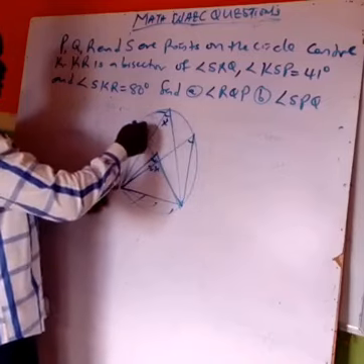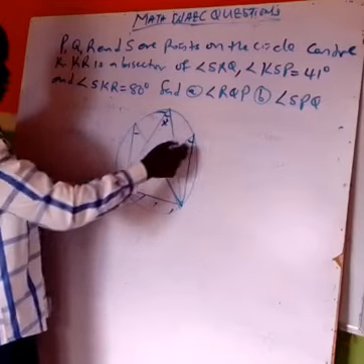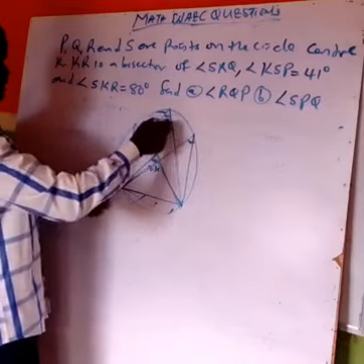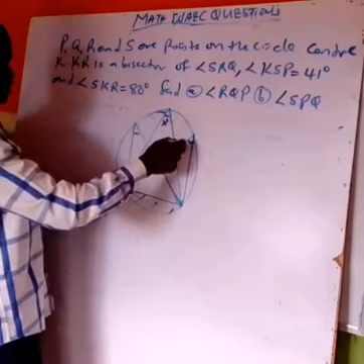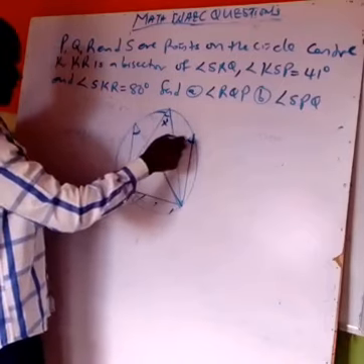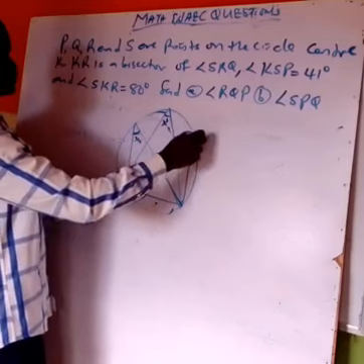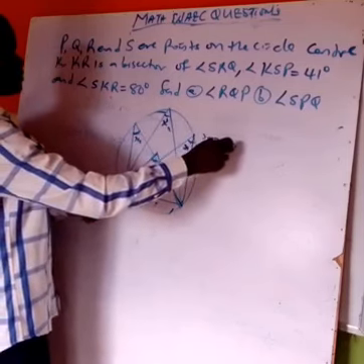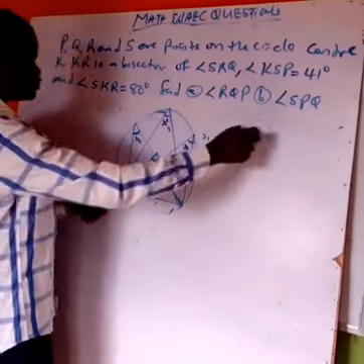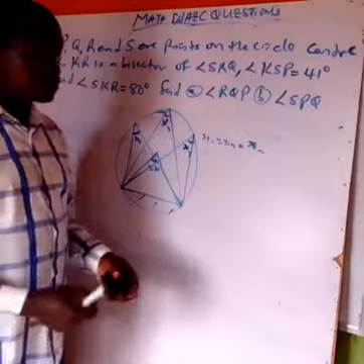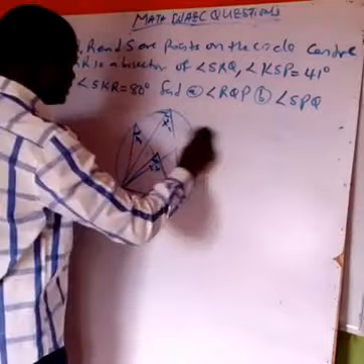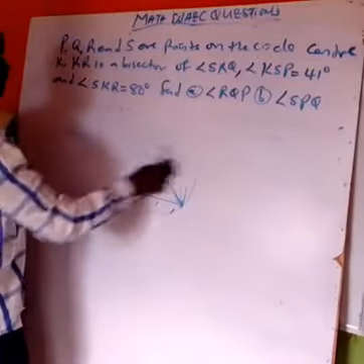So all these angles are equal: S1 equals S2 equals S3. Even if there are 20 there, they are going to be equal to each other. So that is what you call angles in the same segment.